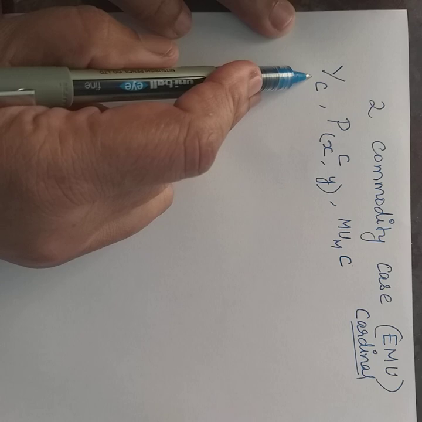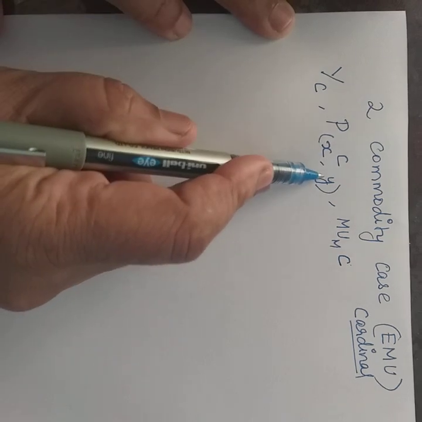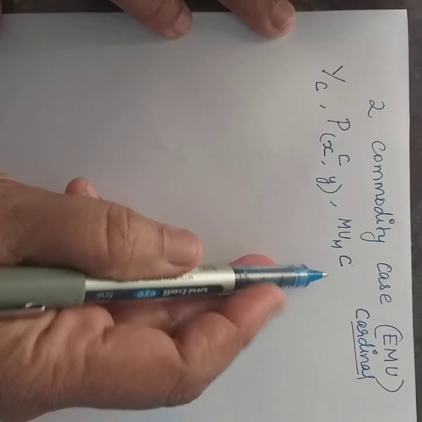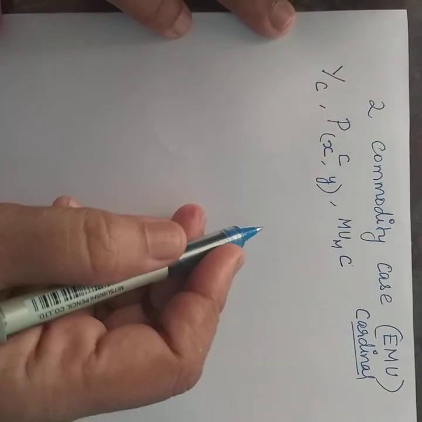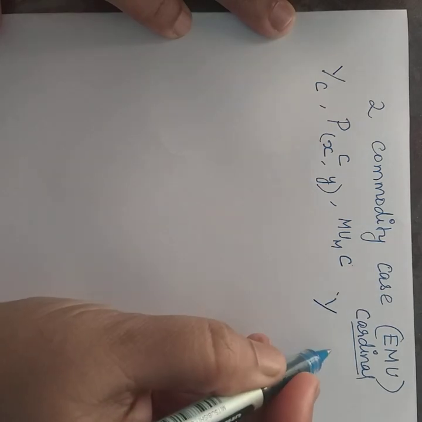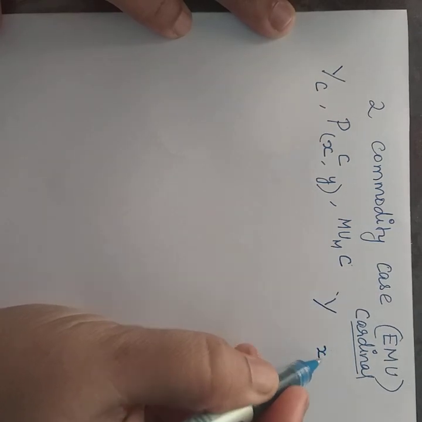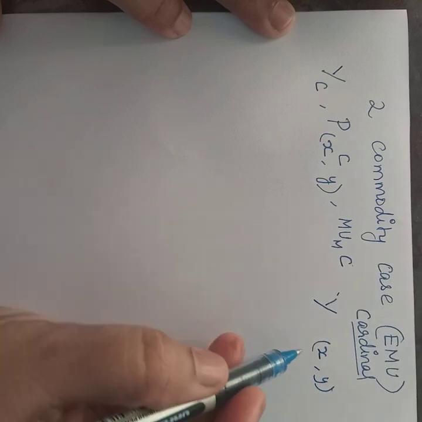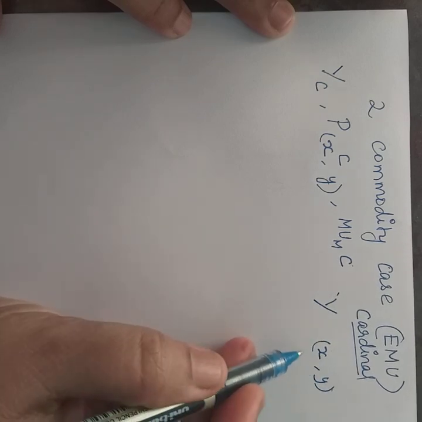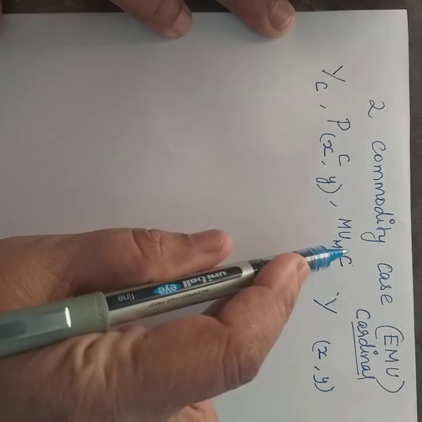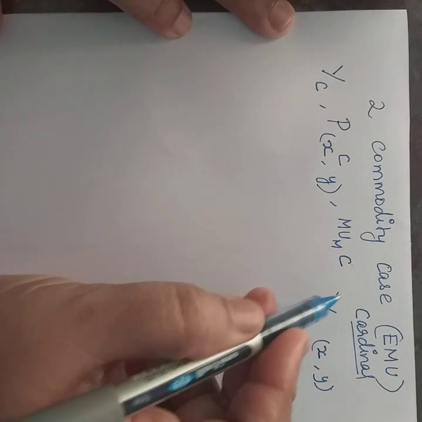So given the income, given the prices of both the commodities X and Y, and given the marginal utility of money, in what way the given income will be spent on the two commodities X and Y, and which combination of X and Y will give the consumer maximum satisfaction is what the theory is about.